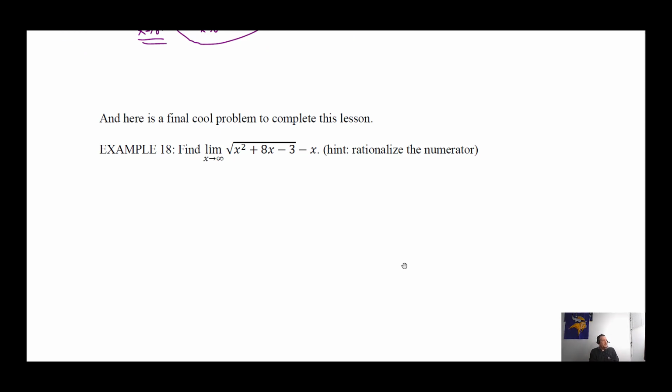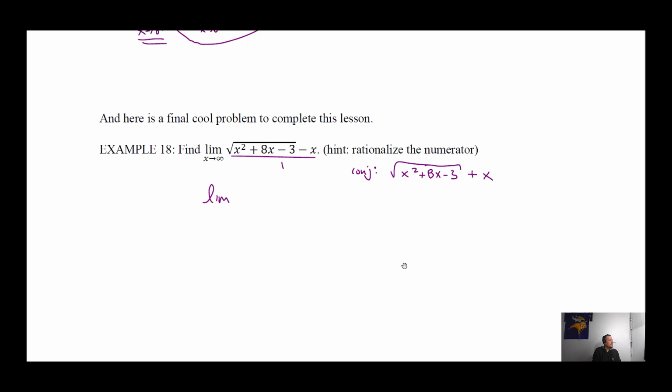The radical of infinity squared is like an infinity, and we're subtracting infinity. So what is infinity minus infinity? Let's go find out. If I were to think of this as a fraction, as over 1, let's multiply the top and the bottom by the conjugate. Remember, the conjugate would be the radical, x squared plus 8x minus 3, plus x.